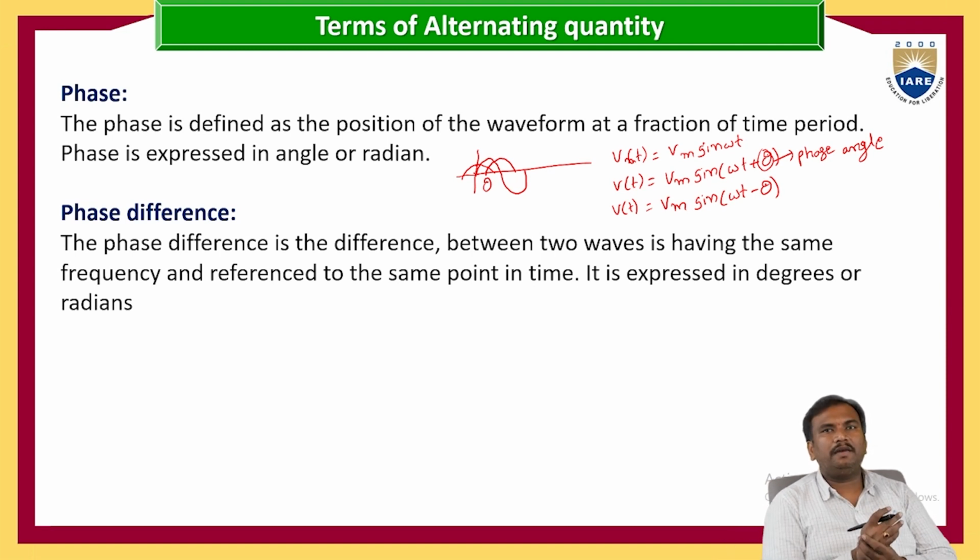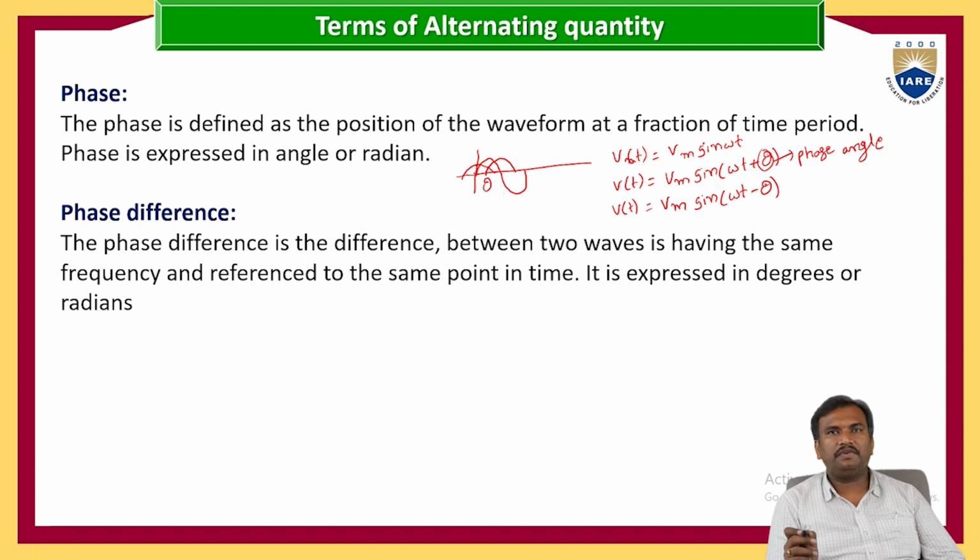The name itself says it is the phase angle difference between the two corresponding waveforms which have the same frequency and reference to the same point. When we are referencing the same point, then the phase angle difference is called the phase difference.